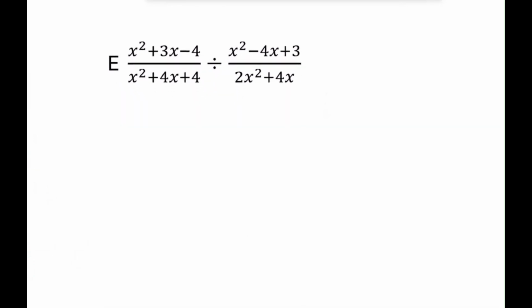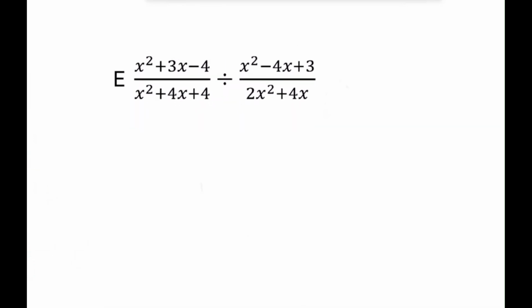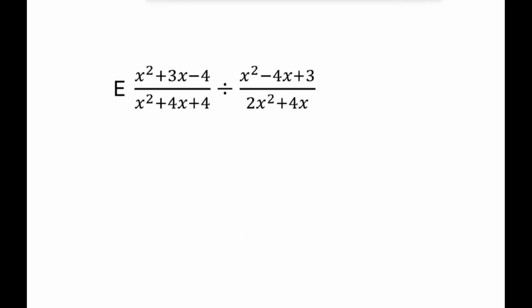It's division, so we're going to do keep, change, flip. And first we're going to factor everything. Let's see. This one is going to factor, let's see, 4 times 1. But we got to put the negative on the 1.